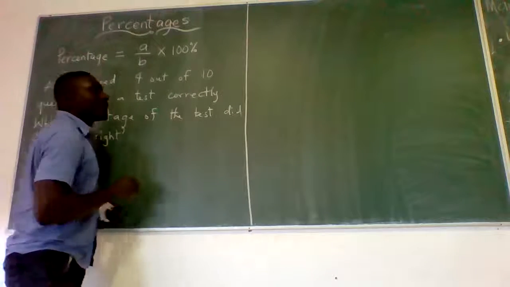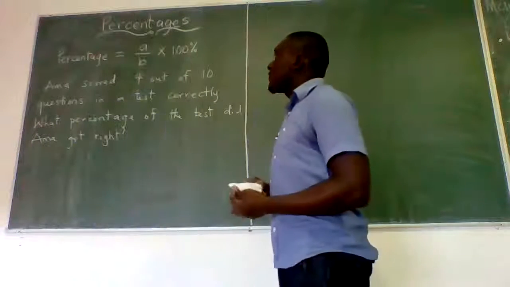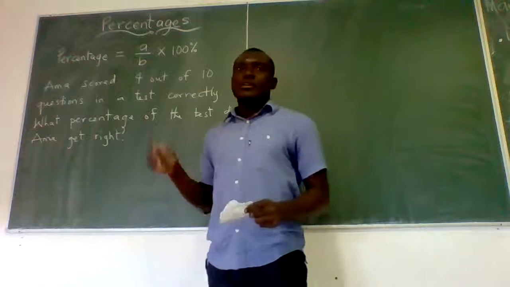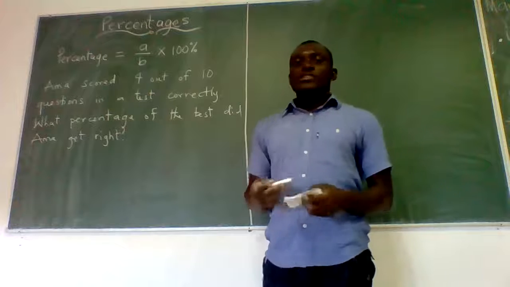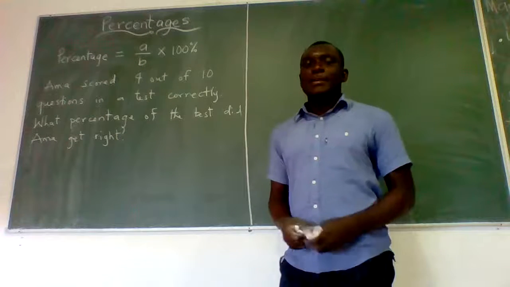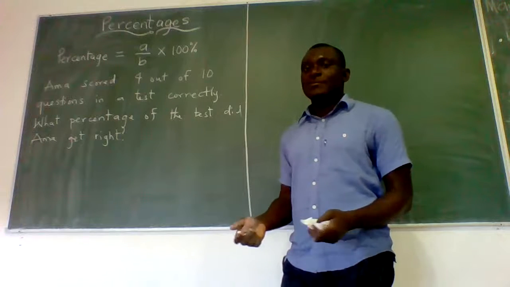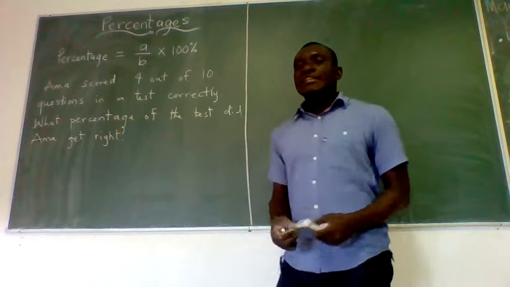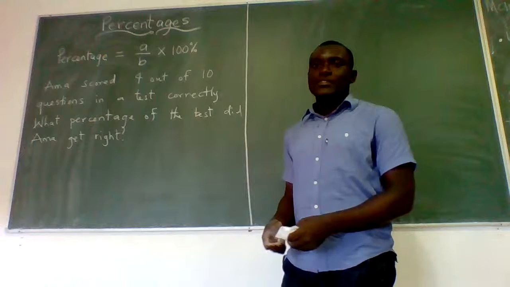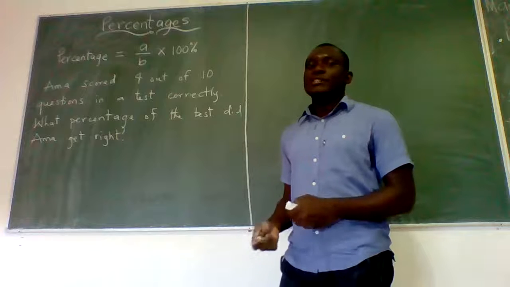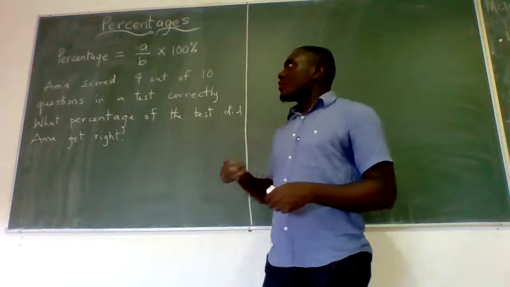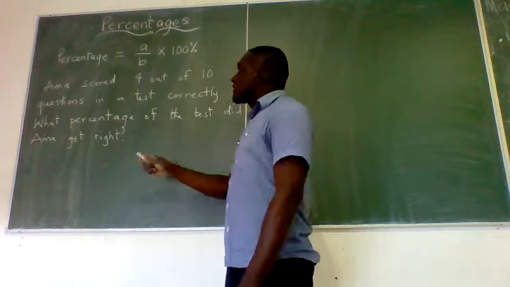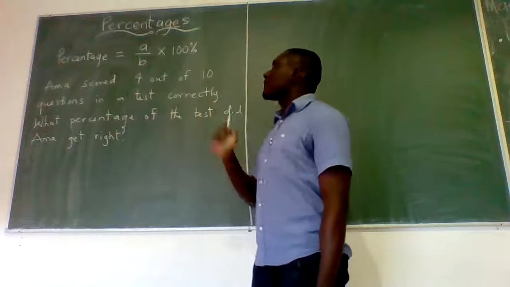We all know that usually when you write a class test or a normal exercise in class, the score your teacher will give you will not be the percentage one, except maybe in exams. But it doesn't mean that it can't be converted to percentages. A typical example is this one. Amma wrote a certain test in class. She had 4 out of 10.